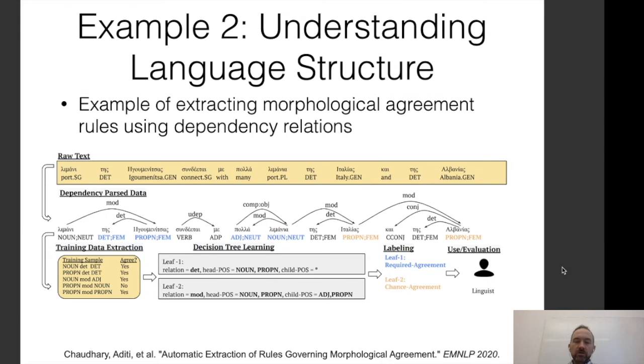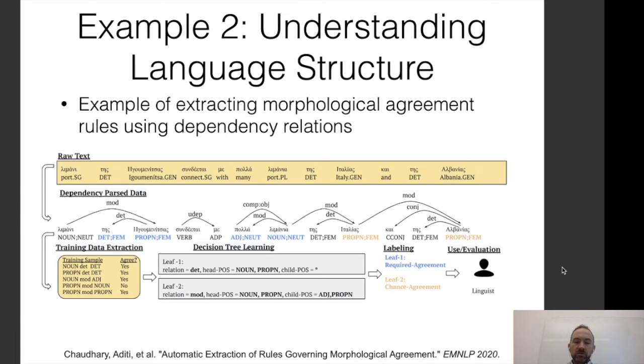Another thing that we could use dependencies for is understanding the underlying structure or syntax of languages. This is a recent paper by my group where we try to extract syntactic rules about the language based on dependency syntax. Specifically, we focus on morphological agreement rules.